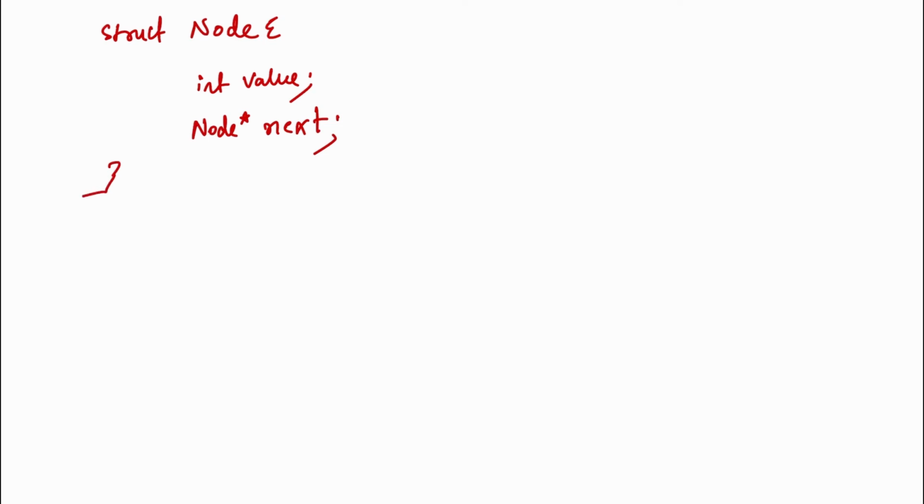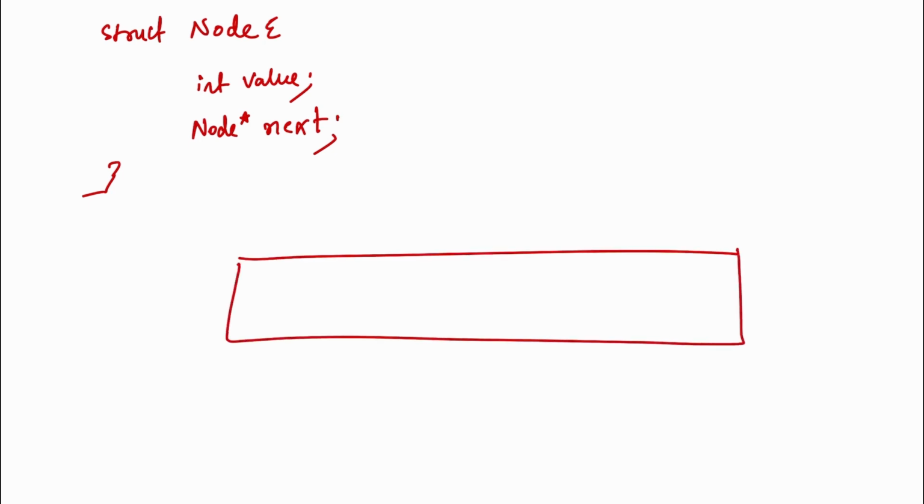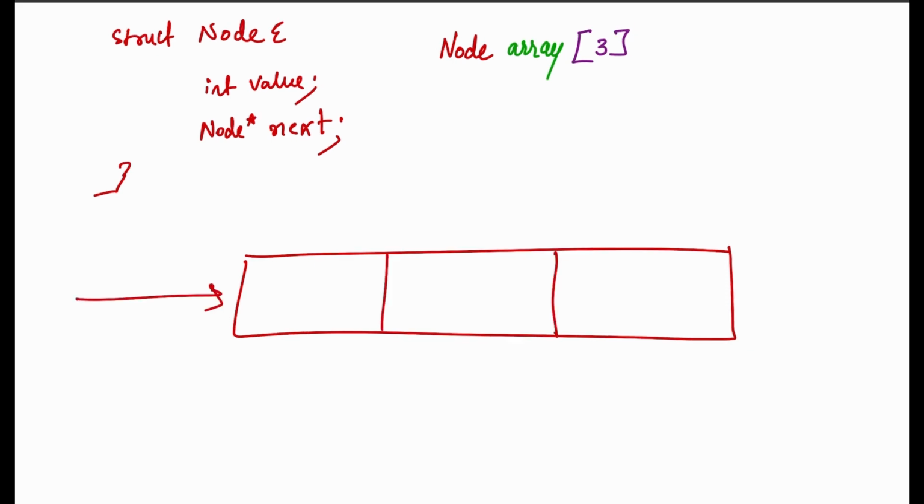Now, if we want to create an array that will contain nodes, we can do it simply by giving the data type, that is node here, then giving the name, say array itself, and then giving the size. Say for example here we are giving only size 3. So now it will allocate continuous memory, and array will point to the very first.